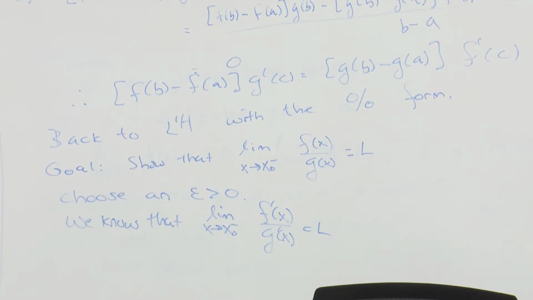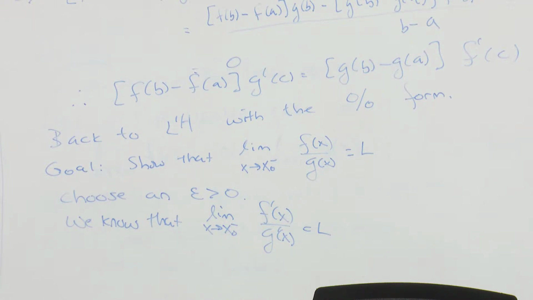So we know there exists a delta greater than 0 such that if x is sufficiently close to x naught and to the left of it, because right now we're trying to do a limit from the left. So if x naught minus delta is less than x is less than x naught, so we're within a delta window of it, but only coming at it from the left right now.